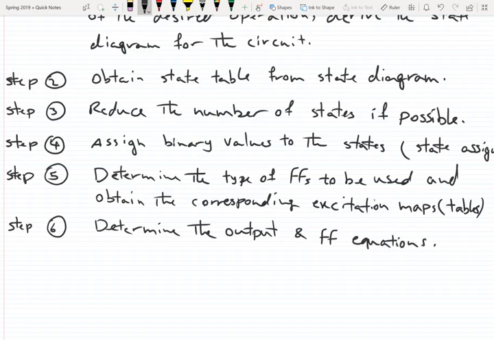The main part is this step 6. And the final step, step 7, draw the logic circuit.